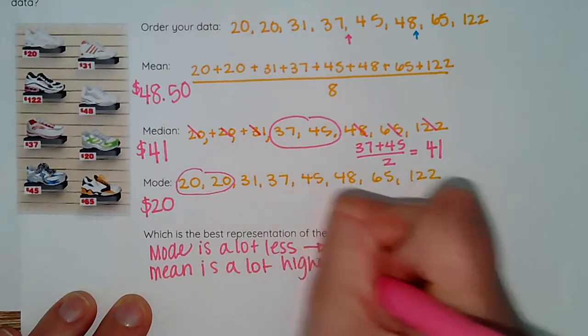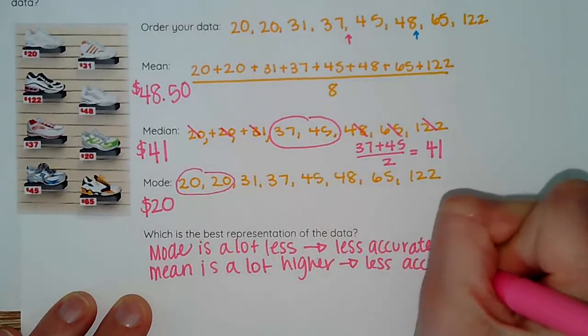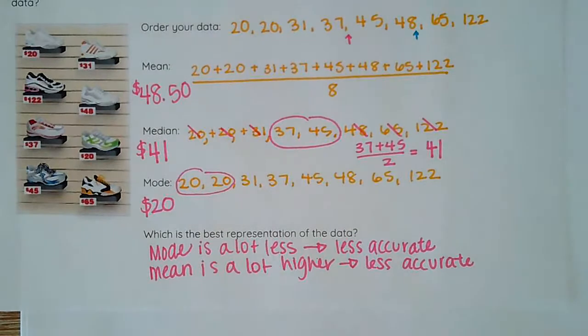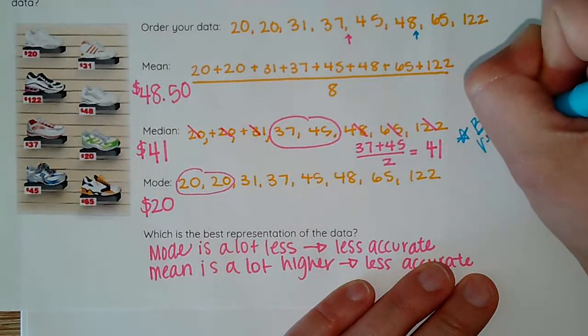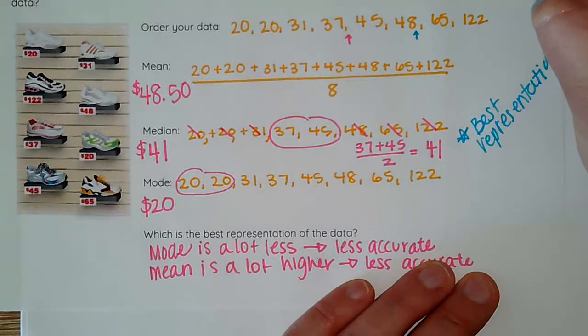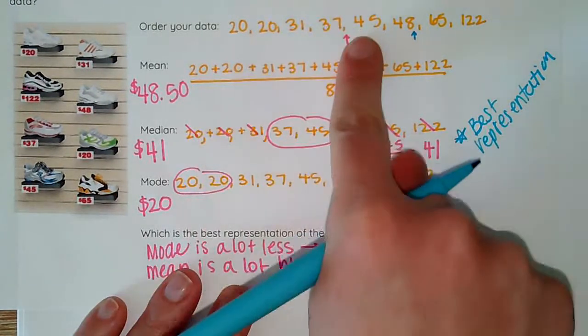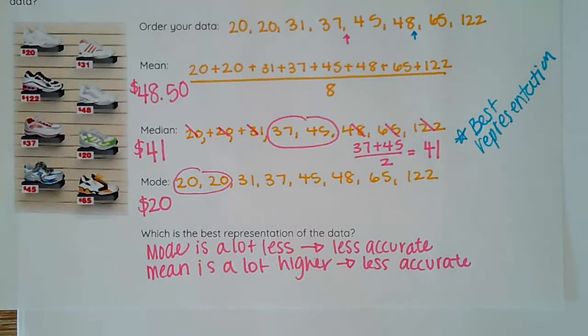Now, in this case, I would say that our median is the best representation. It is right in the middle. There are shoes that are less money and there are shoes that are more money. So it's kind of that middle ground.